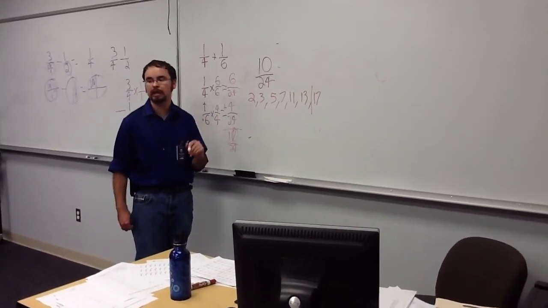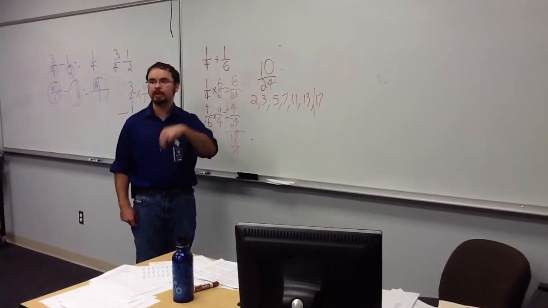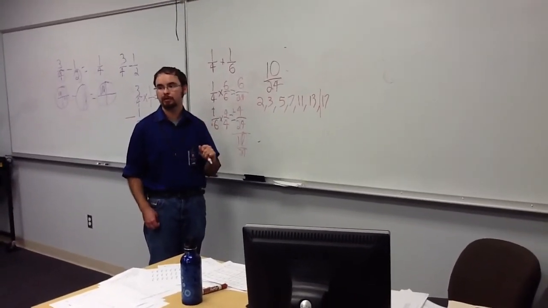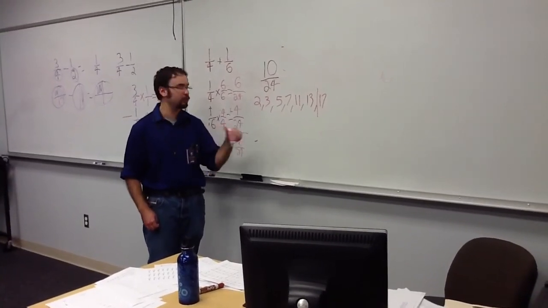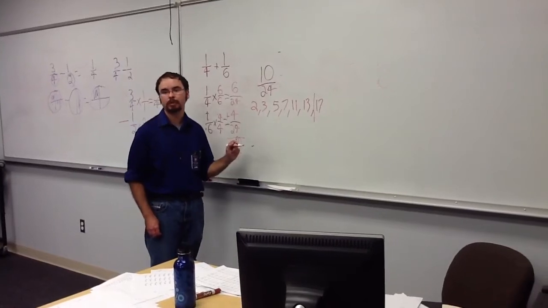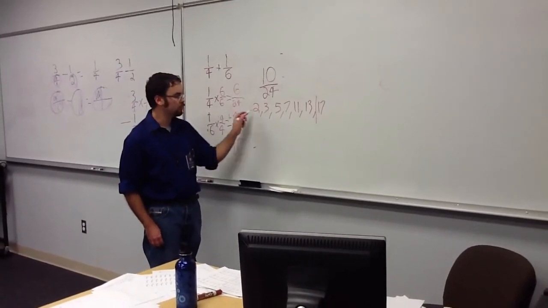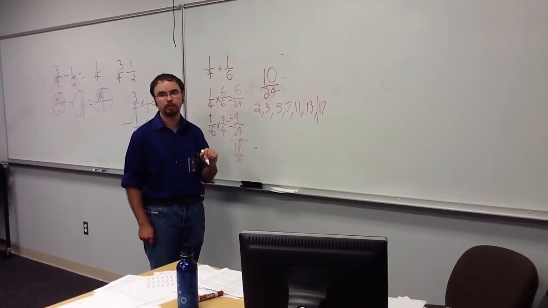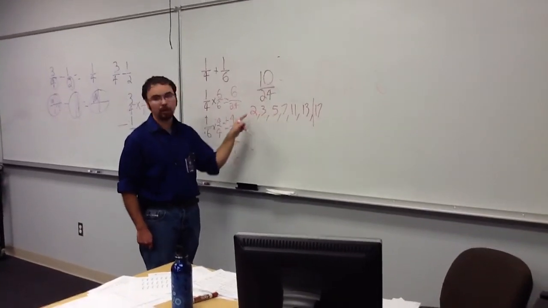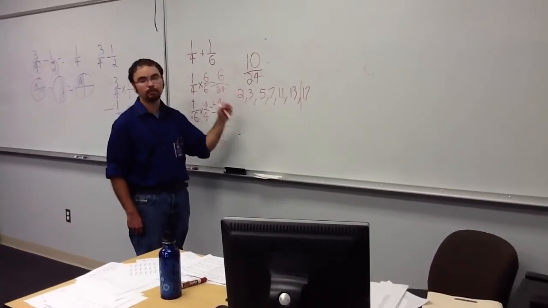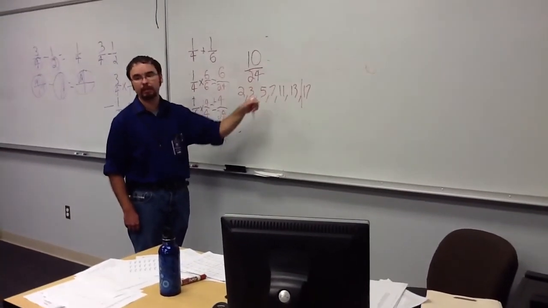Huh? Why not 9? Because 3 times 3 makes 9. So 9 is a number that can be made from something else by multiplication. 2 can be made by 1 with addition, but not by multiplication, right? And 1 can make all of these times itself. 2 times 1, 3 times 1, 5 times 1, 7 times 1.